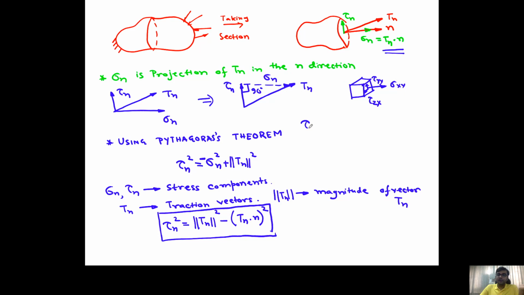So this tau n is actually the resulting shear. This is not the shear components along the x or y direction, but the resultant of the two shear components. This is something you should be very clear about. You should not confuse that in this case we have only one component. No, this is the resultant of the two components.